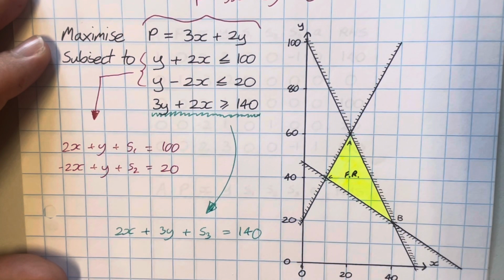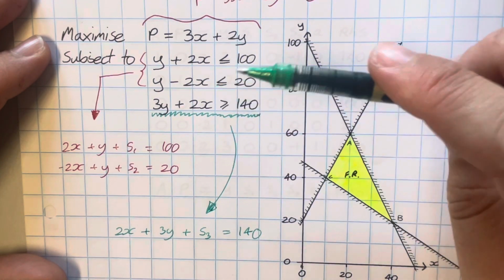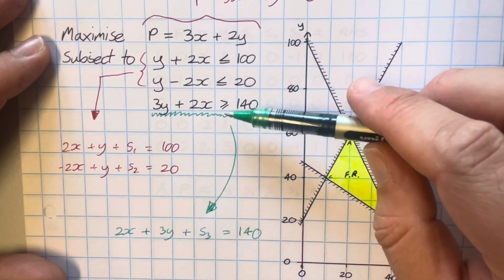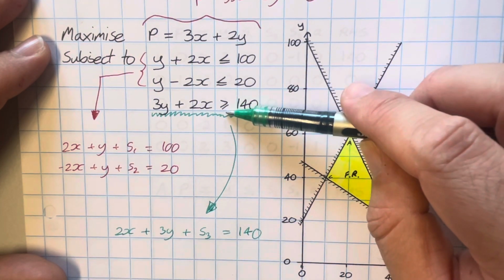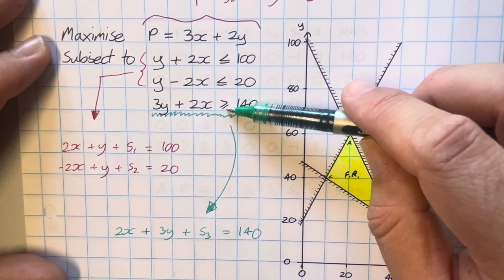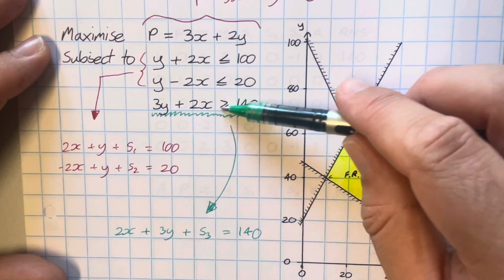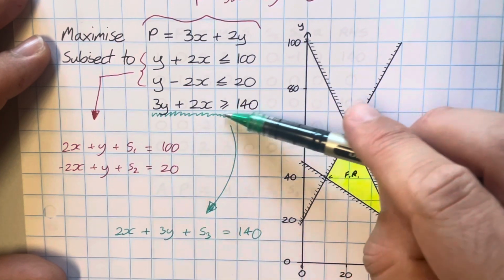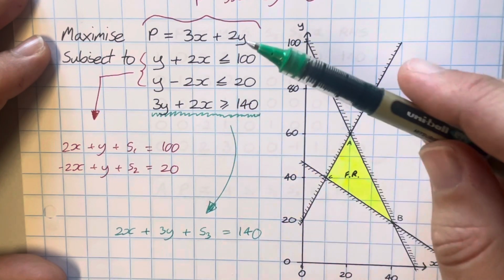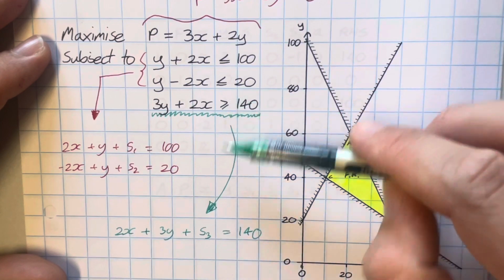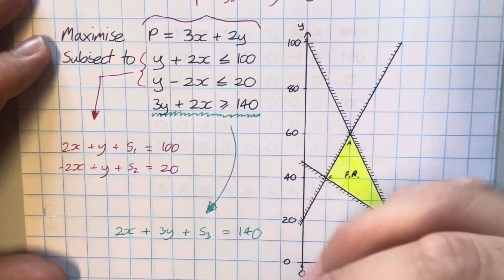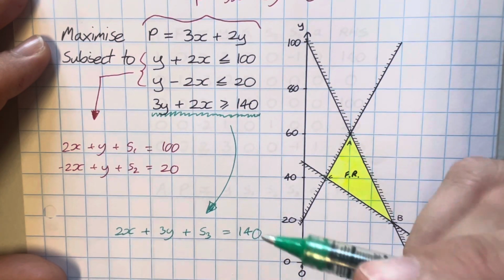The problem is it's a greater than or equal to, not a less than or equal to. So we shouldn't be adding a slack variable here because there's no slack to take up. When you're at the origin, you need to be 140 above it. It's not a slack that you're pulling out, it's what's called a surplus.